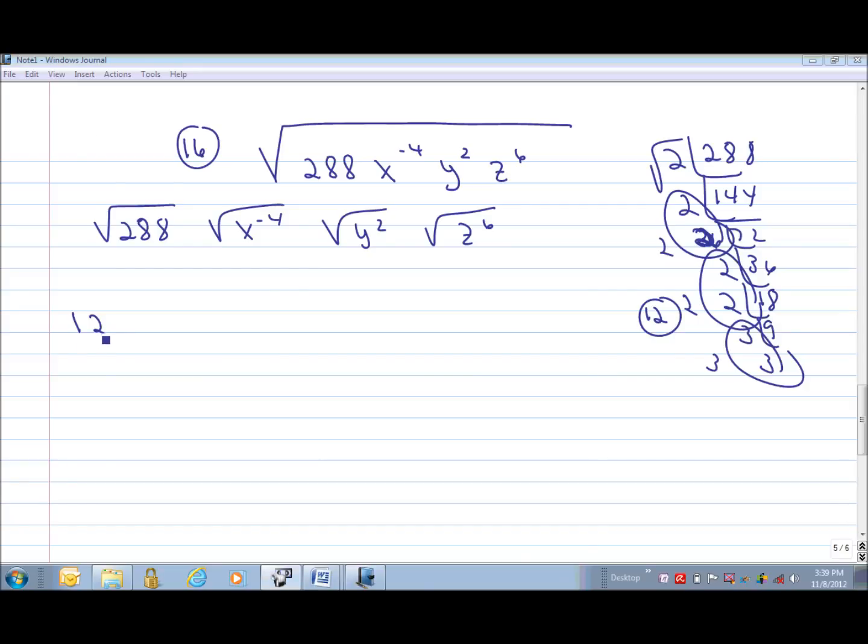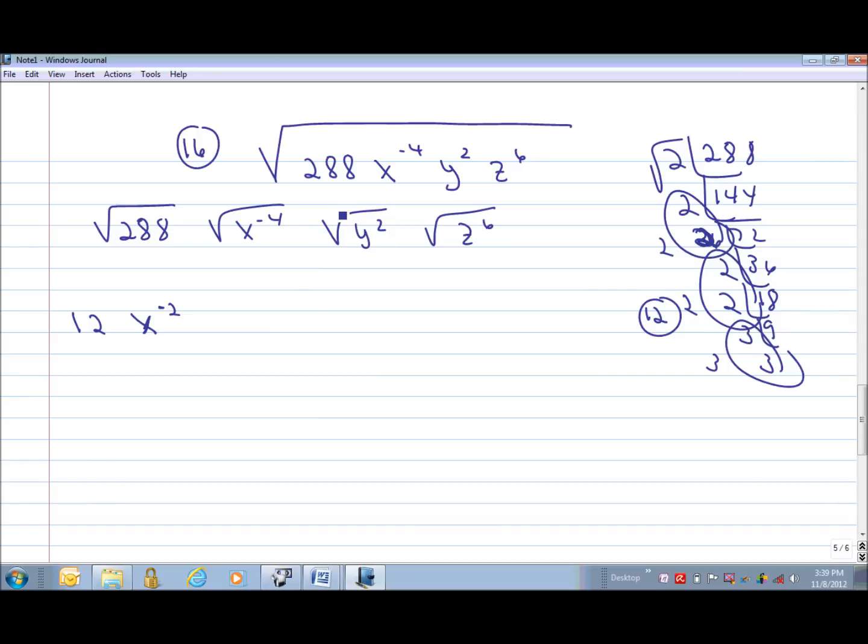So 12 comes out of the house, and now let's work on our exponents. The square root of x to the negative 4: you can pull out an x to the negative 2, and that's an even amount, but still it's an even amount that would come out. The square root of y squared, so you're going to pull out 1y.